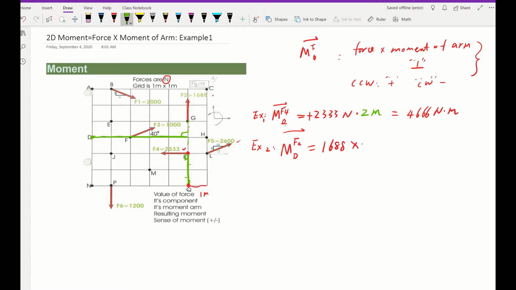Let's count across: 1, 2, 3, 4, 5. So that's times 5 meters.